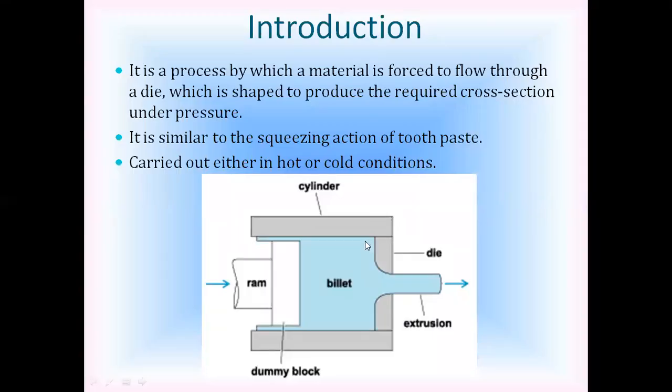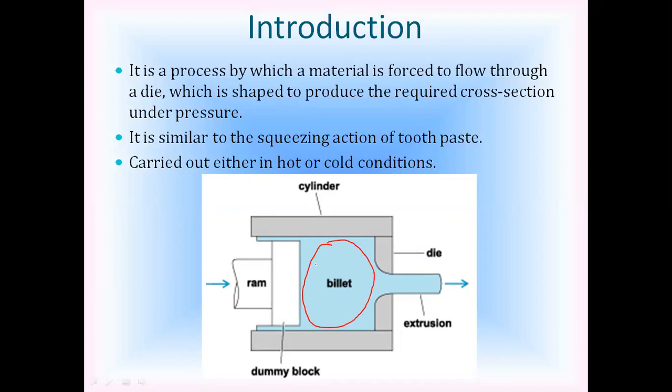As I was telling you, this picture shows how the extrusion process is carried out. It is a very simple metal forming process where we use a block of metal, which you can also call the billet.